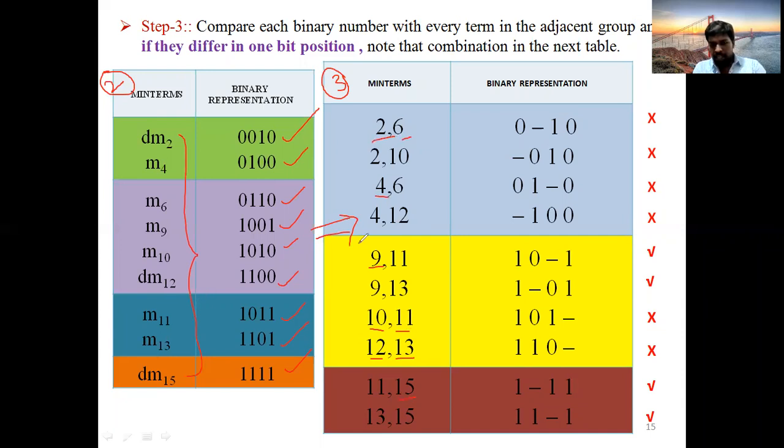Our condition is whether the min term present in step number 2 is involved in the table, not the group, the table of step number 3. Okay. That may be in this group or in this group or in this group. Wherever it may be, that is not our problem. Whether it is involved or not. If it is involved, put the tick mark. So go to the previous step.